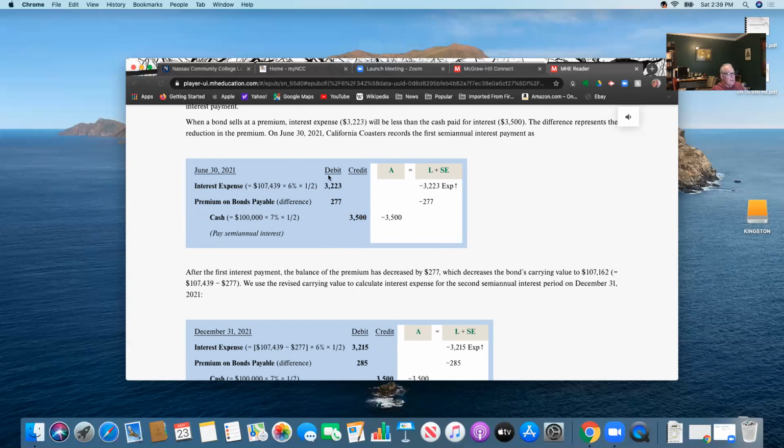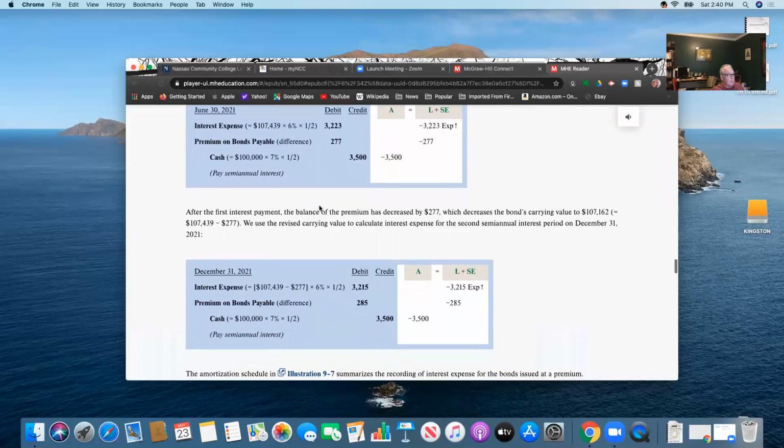Premium represents a reduction in interest expense. It's based on face amount, like before, 107,439 times the market rate, 6% times 1/2, 3,223. Credit cash, 3,500. The difference, 277.